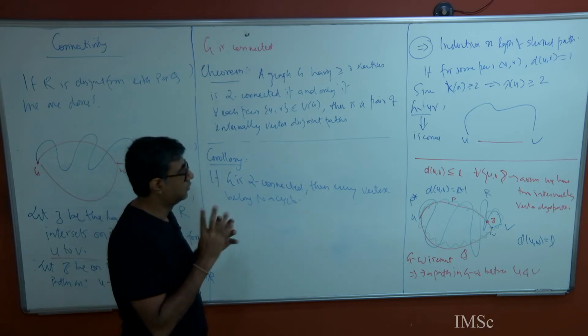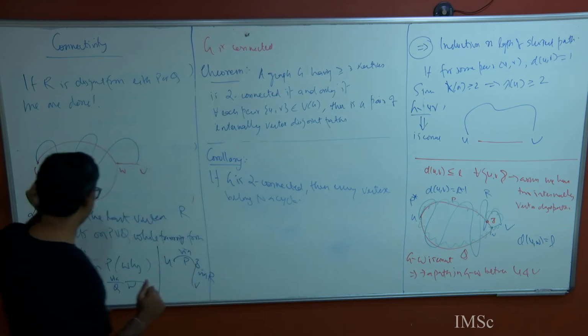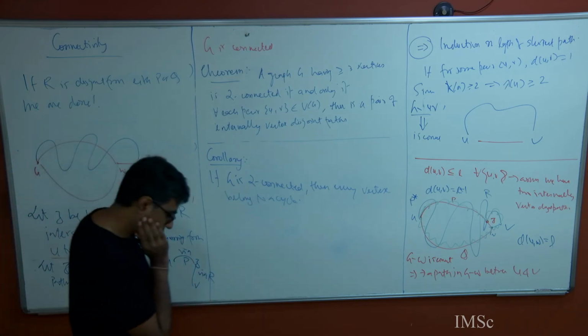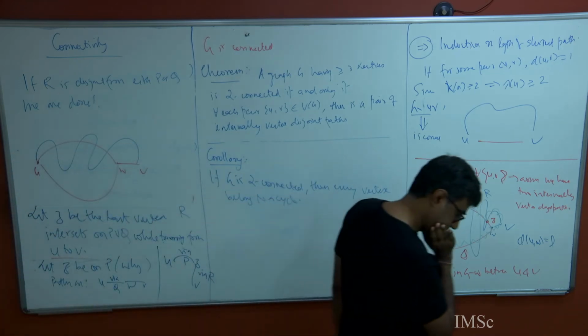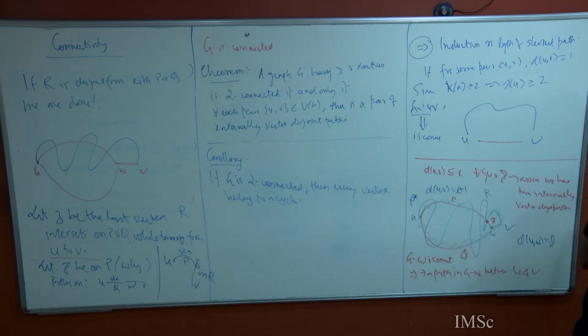The reason why I told all this is because in graph theory there's something called structure theory. Now, when the graph is very connected, they have some nice properties and that could be exploited.